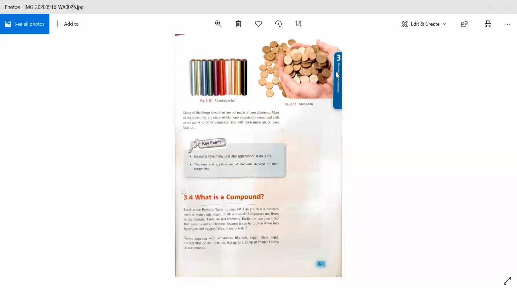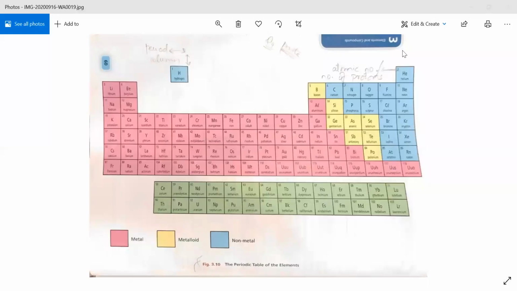Now, beta, if we look at the periodic table, which was already on page number 60, let me show you page number 60 of the book. If we look at this periodic table, we can say that in the periodic table, we can just identify elements.